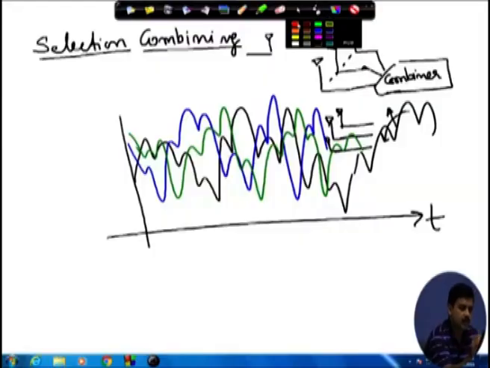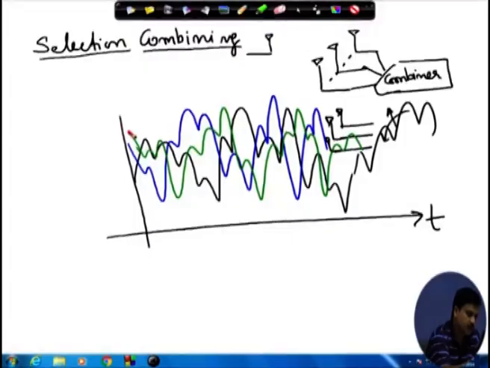Selection combining is precisely what we discussed in the motivation for this kind of work: it selects the best. So, at the output of the combiner, the result would be the highest signal strength. That means we are going to select the branch which has the highest signal strength.